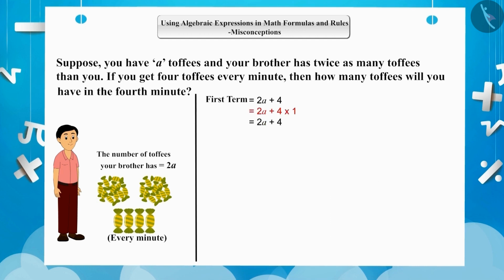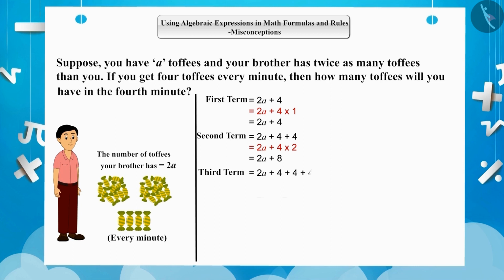Now, after every minute, we have to add 4 more toffees. So, the second term will be 2a plus 4 plus 4. That means 2a plus 4 times 2 is equal to 2a plus 8. The third term will be 2a plus 4 plus 4 plus 4.